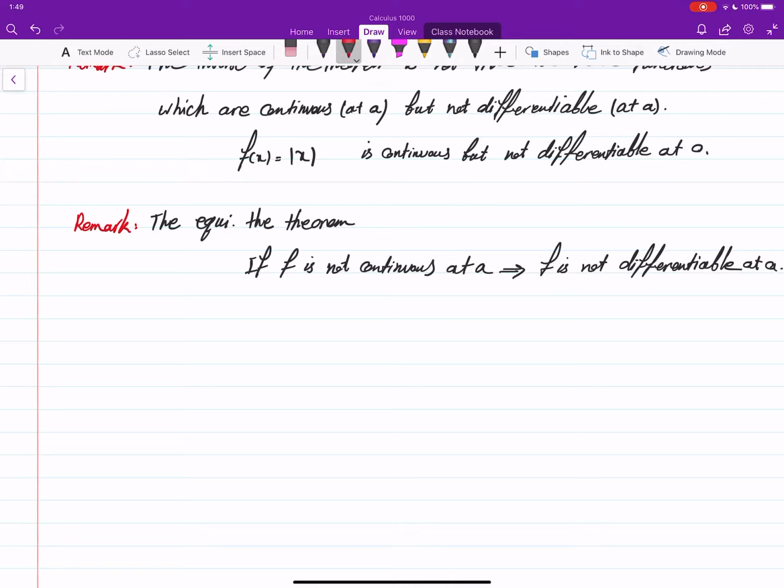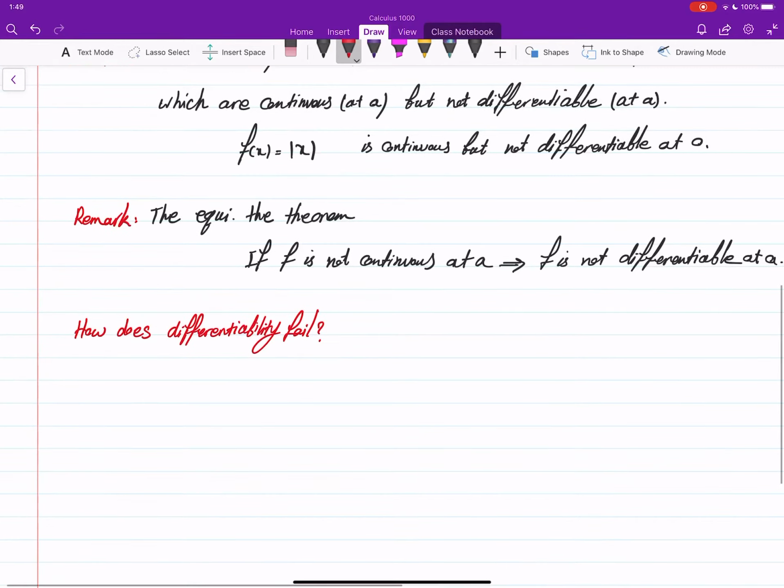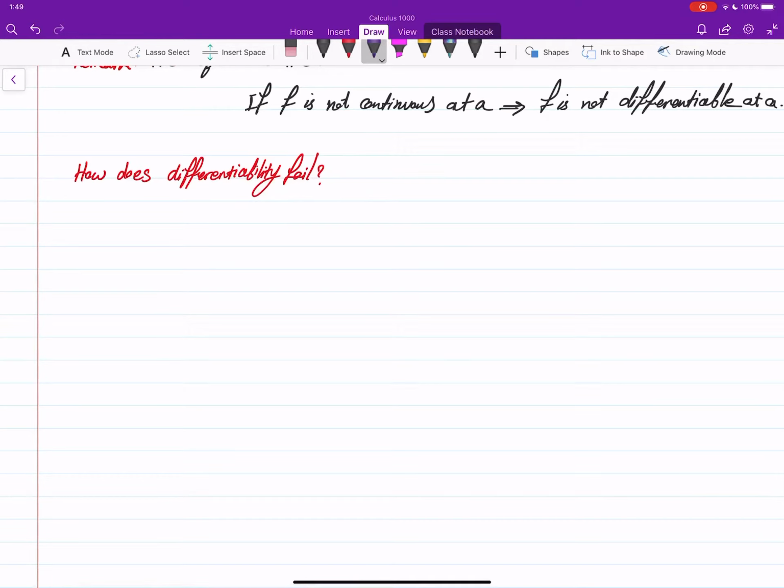So if I want to make a list, how does differentiability fail? The first case will be discontinuous functions.